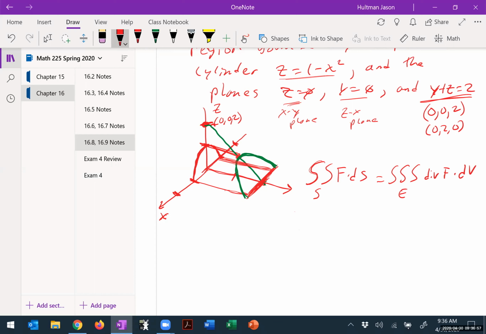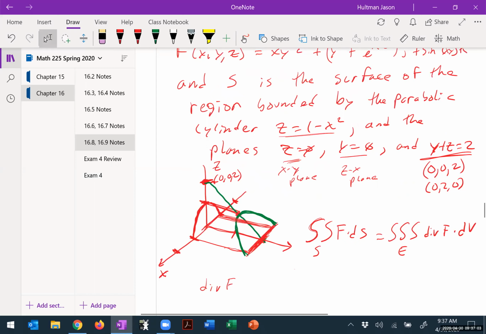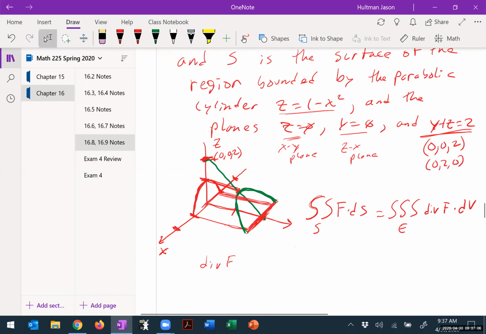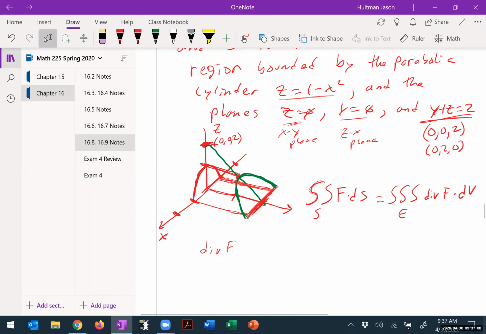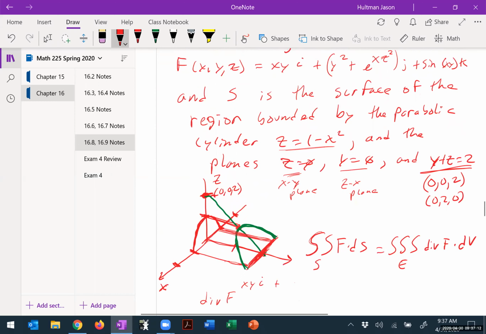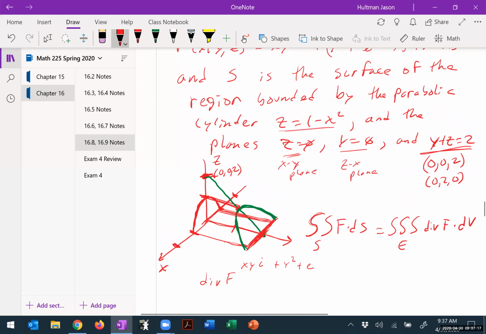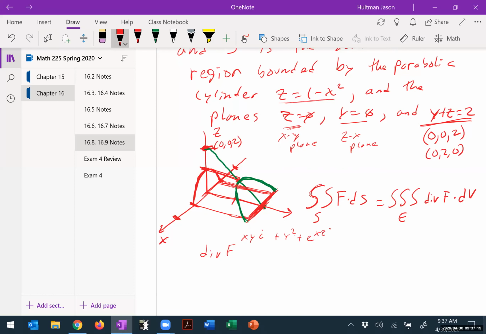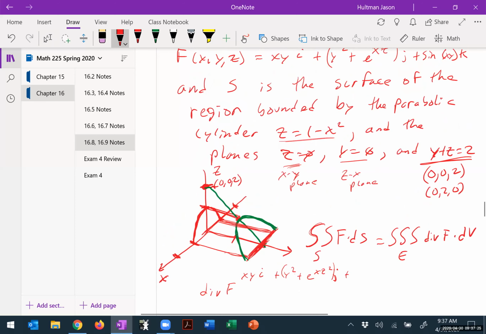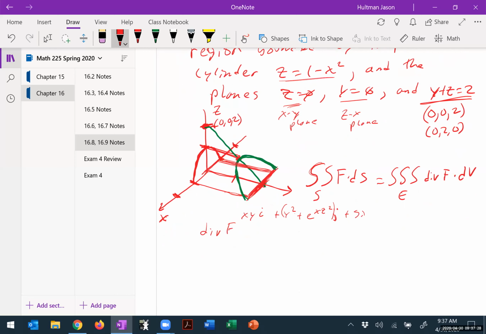Okay, so what's the divergence of F? Well, what was F to begin with? F was xy i plus y squared plus e to the x z squared j plus sine xy k.